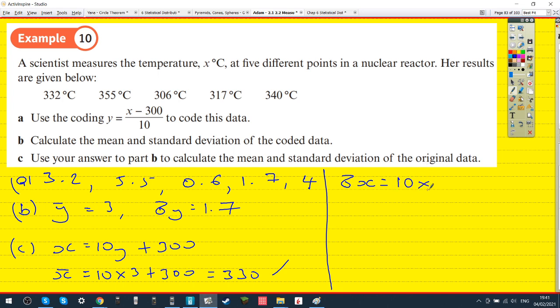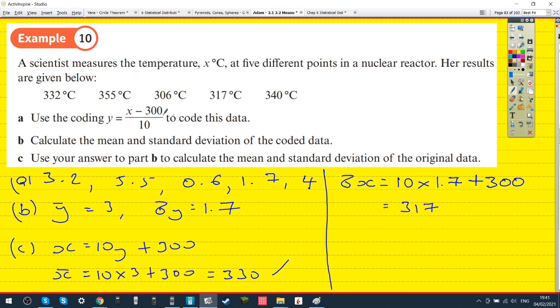What was the standard deviation of y? 330 was the mean of x. Y is the coded data, 1.7. So it'll be 1.7, and then plus 200.